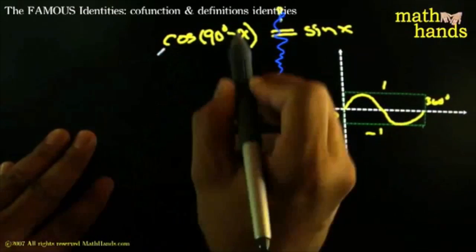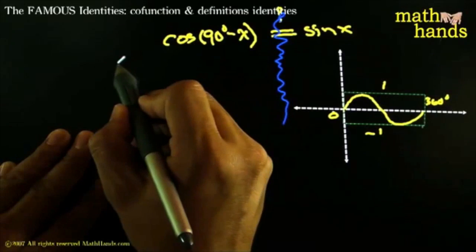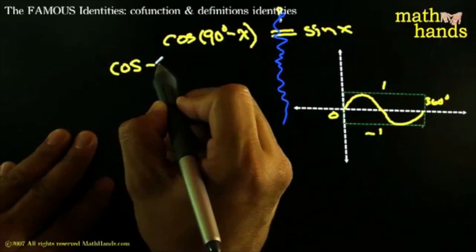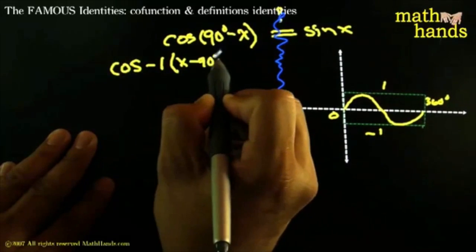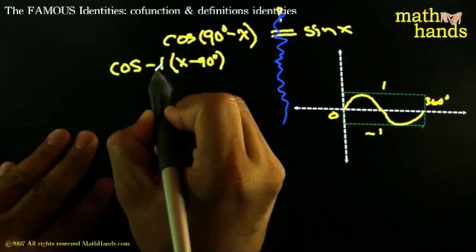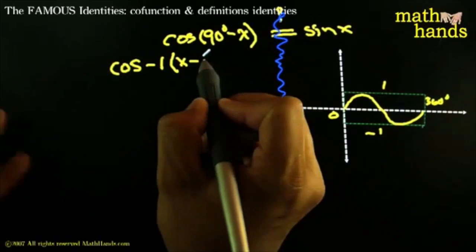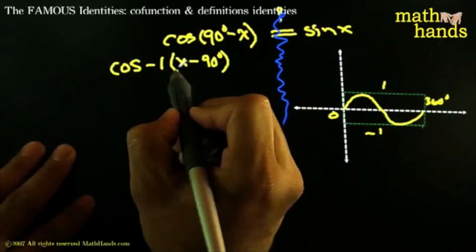Well, first I'm going to do the shift last, okay? So I'll prepare it by factoring out the coefficient: -1 times x minus 90 degrees. That way if I distribute this, I get -x and positive 90 degrees. So here's the plan.